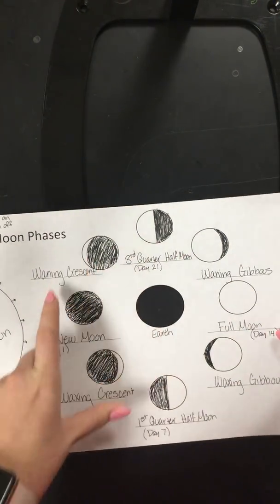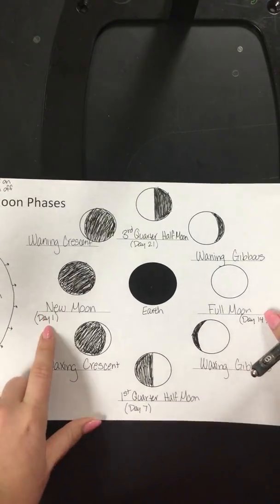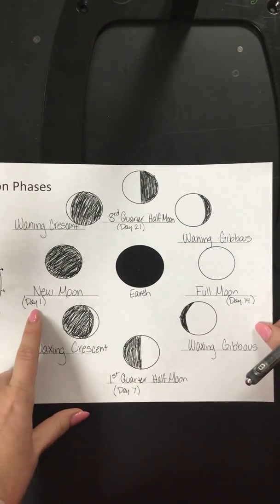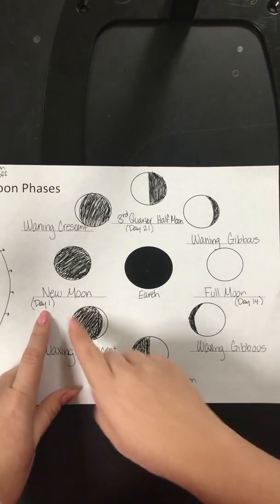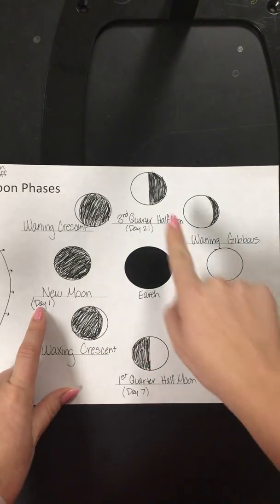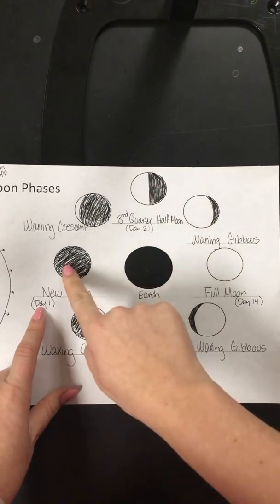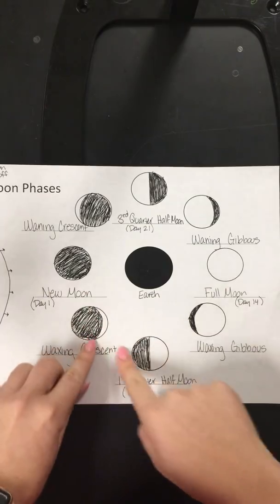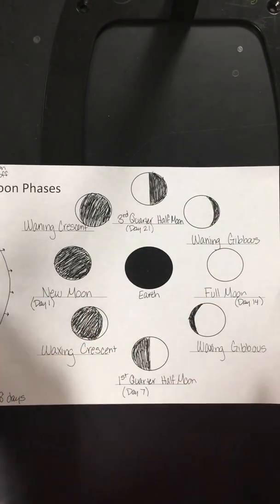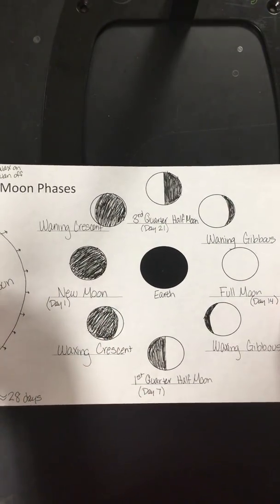And then 7 days later, we would be back at our new moon, and we could start the cycle over again. So, these are the most important ones for you to start out remembering. And then I am going to expect you to be able to draw any of these moon phases, and you should be able to name them.